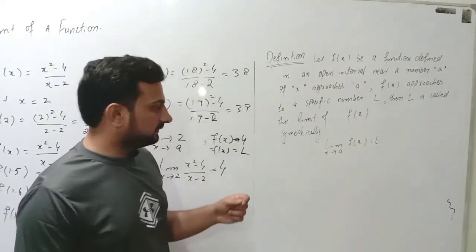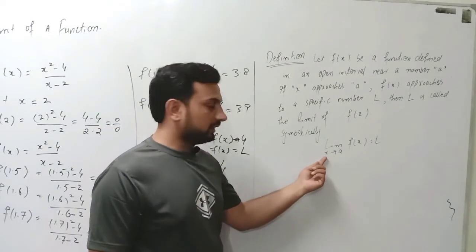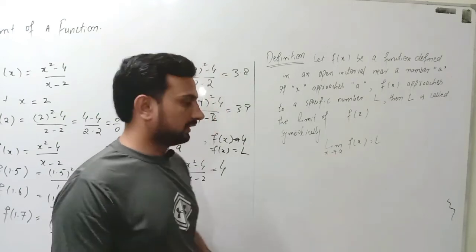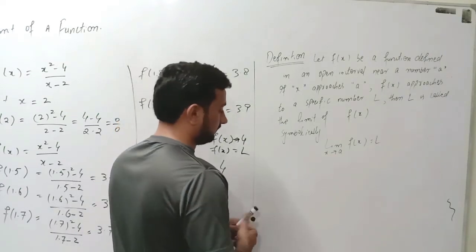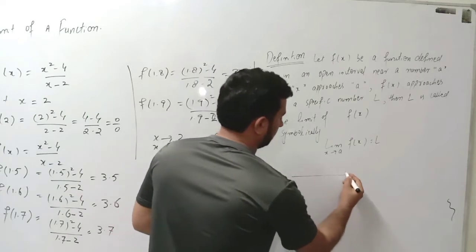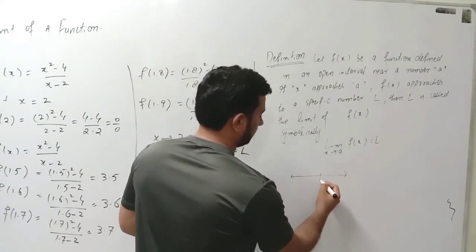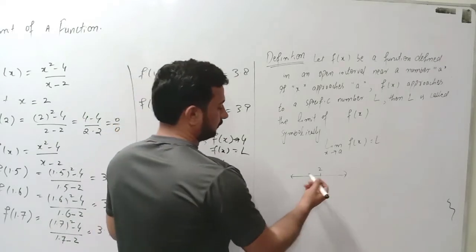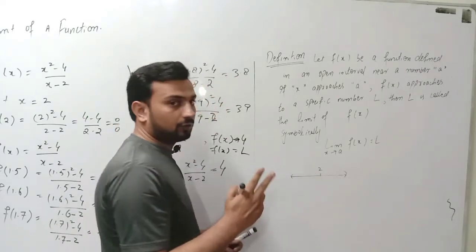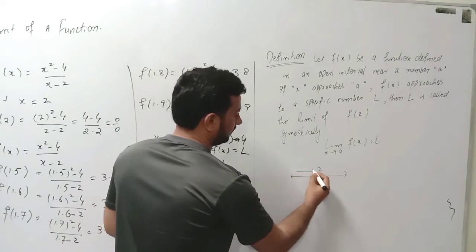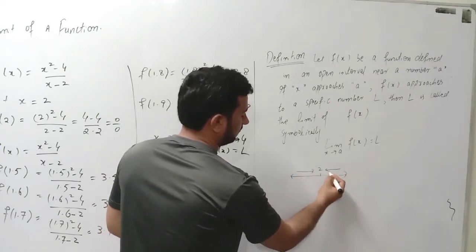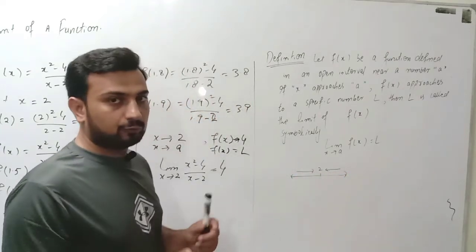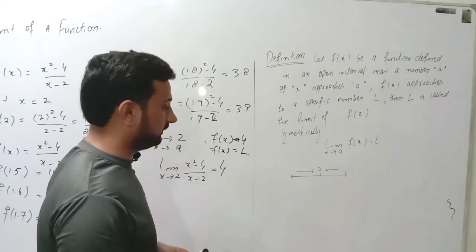So now we will discuss in how many ways we can approach this number a. Let's suppose I draw a real line here and we have a number 2 in the center. We can approach 2 from two sides, either from the left side or from the right side. So we have two possible options on the real line.